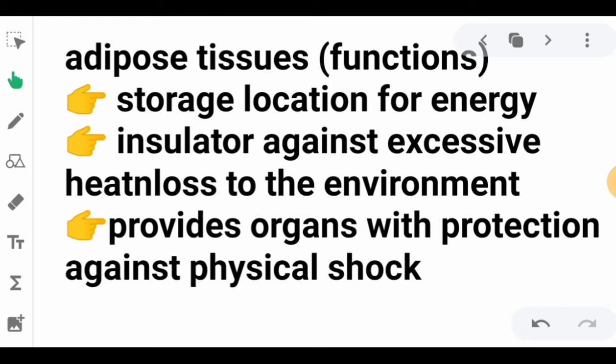Your stomach is a vital organ, so if you have adipose tissue, it lessens the impact and the damage induced by that physical shock. And also, when you fall on the ground, you have a liver and your kidney, right? Those are insulated by adipose tissue, so it prevents the damage on the liver due to those activities.